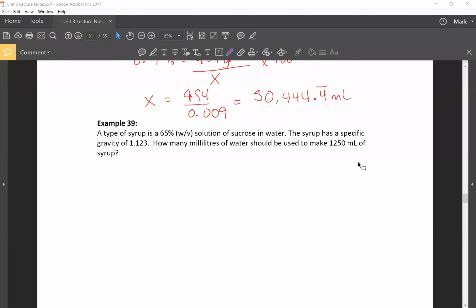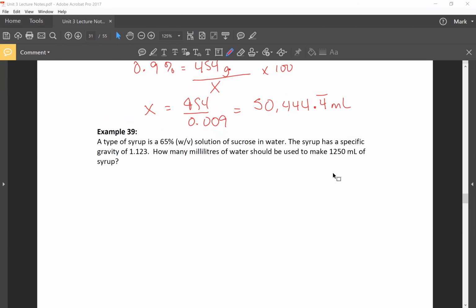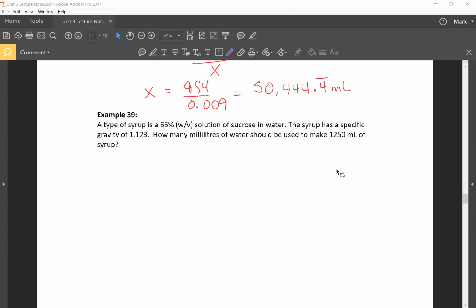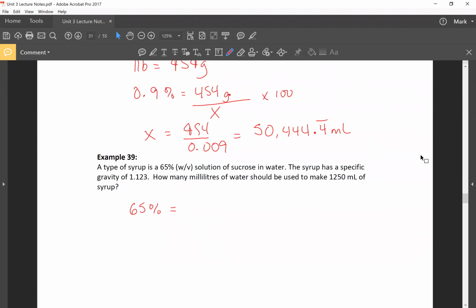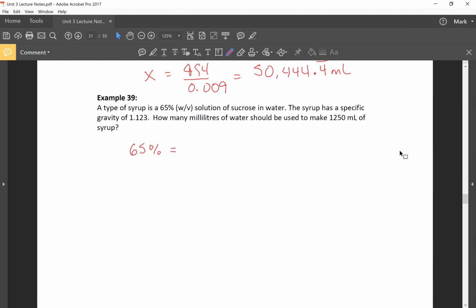So I'm just thinking of how I'm going to set this up. The problem with this one is we have a 65% solution. It's going to be equal to the mass of my solute. Now, the weight of my solute, oh, sorry, I erased the formula.